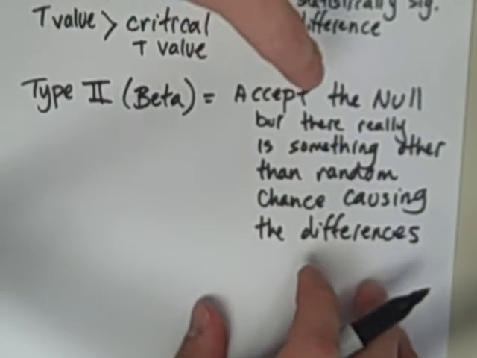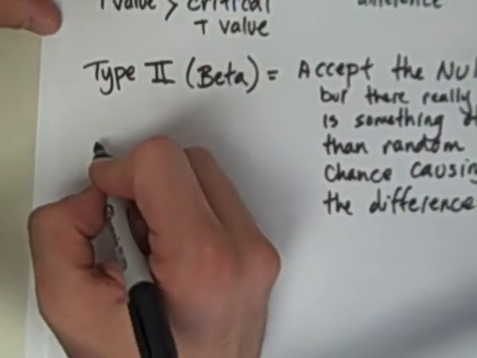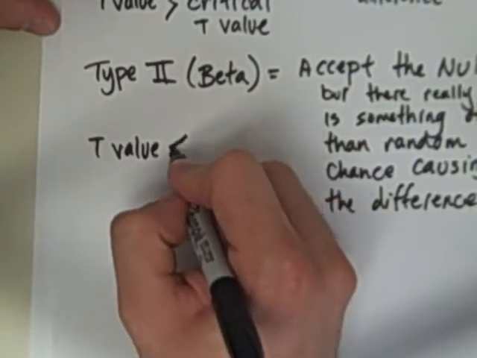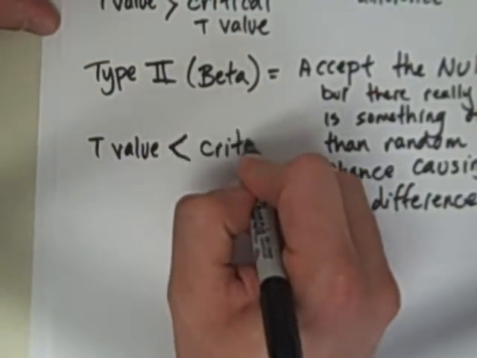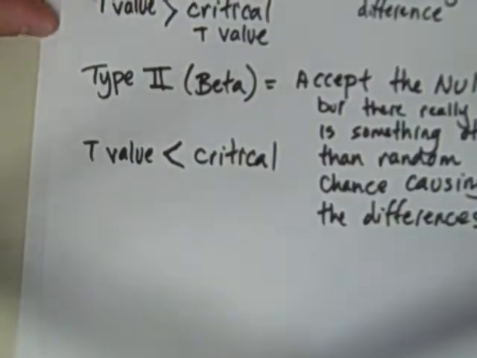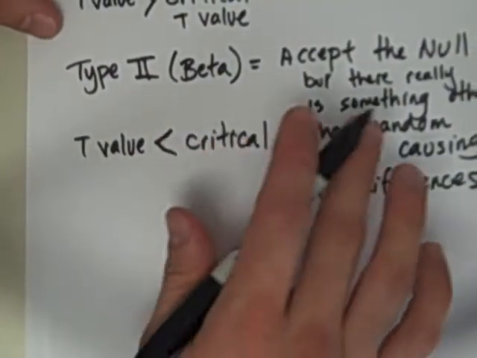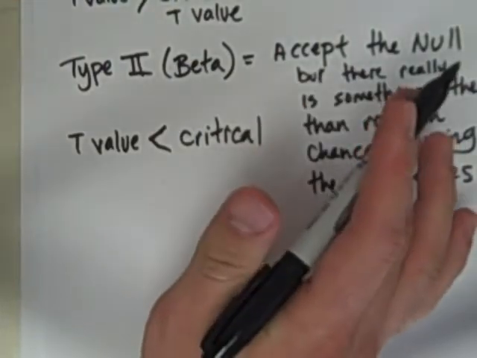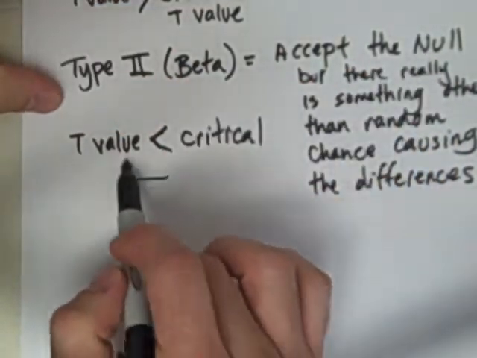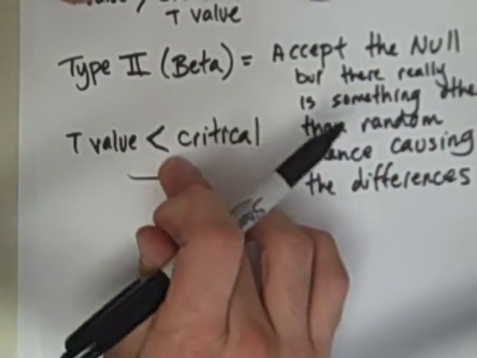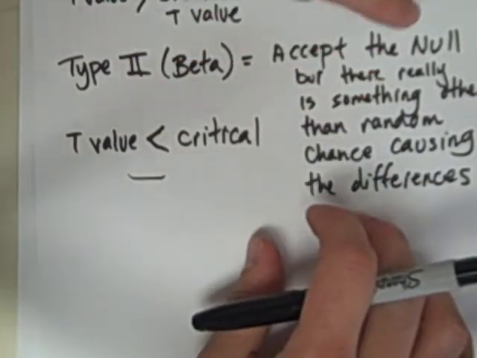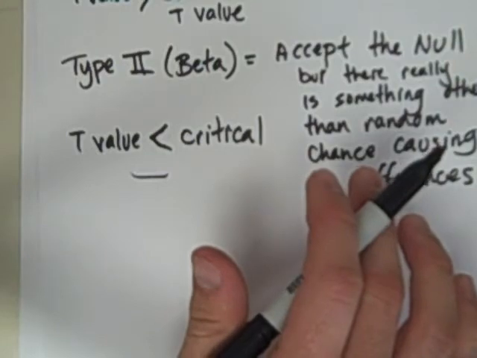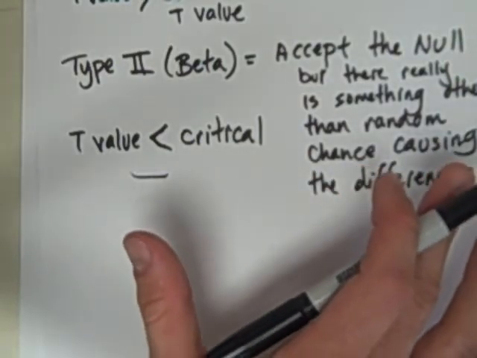In this situation, just like before, I had a t-value that was less than my critical. So, t-value is less than the critical, I accept the null. That's fine. I did the right thing. I made the right choice, so it seems. But in this situation, what we're saying is there really is something other than random chance that's causing these differences. That's where the error comes in.